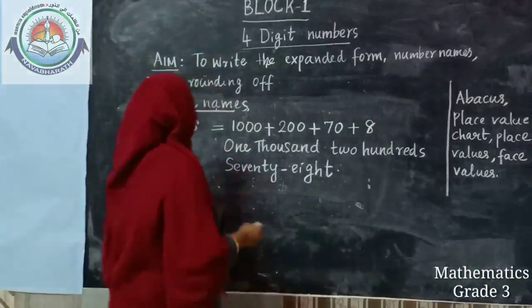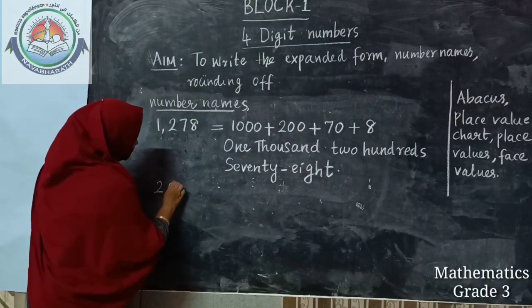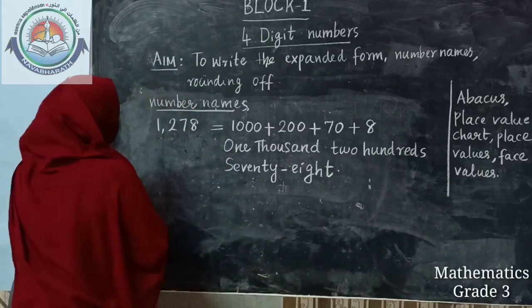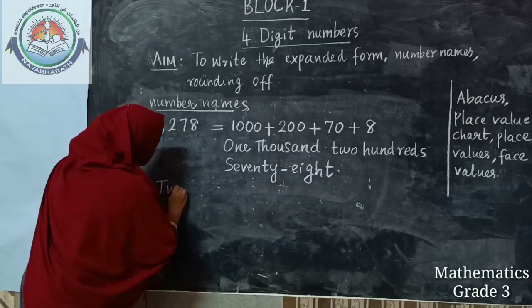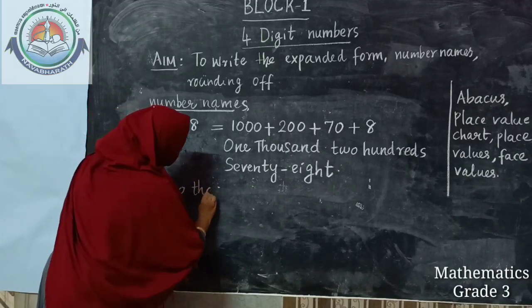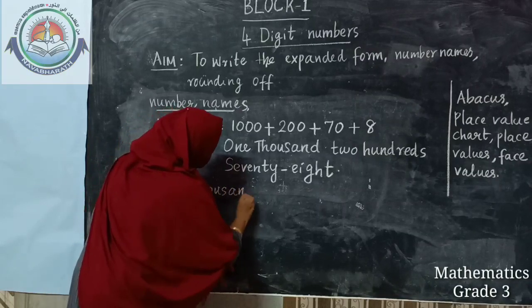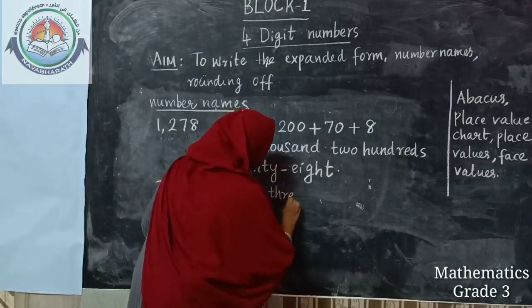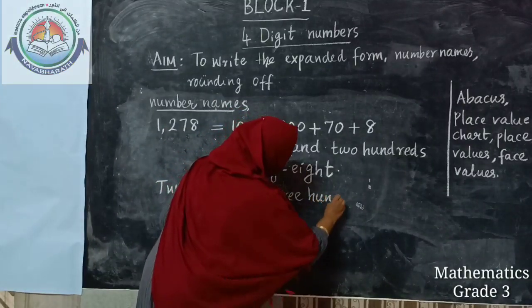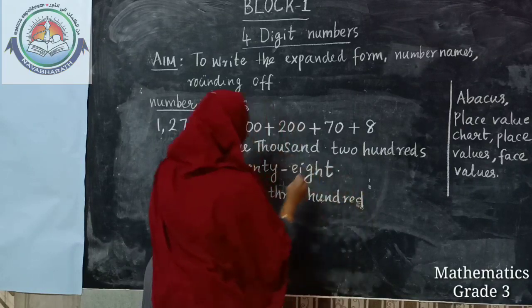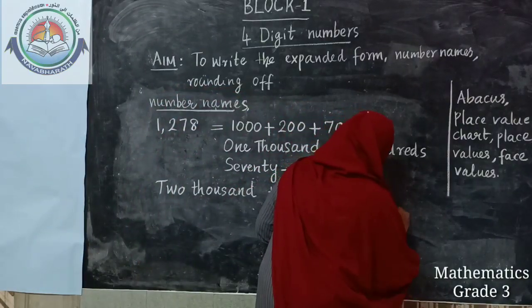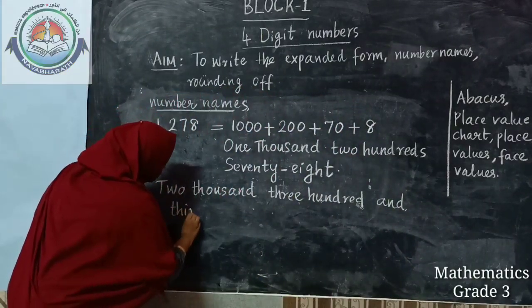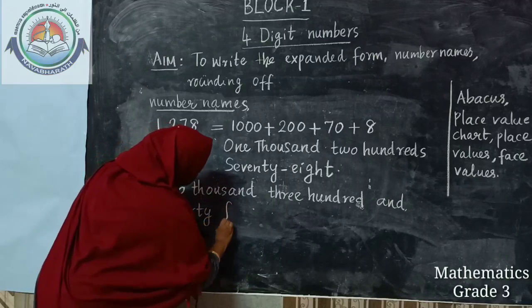Let us see. Two thousand, 2000, 300, 34.